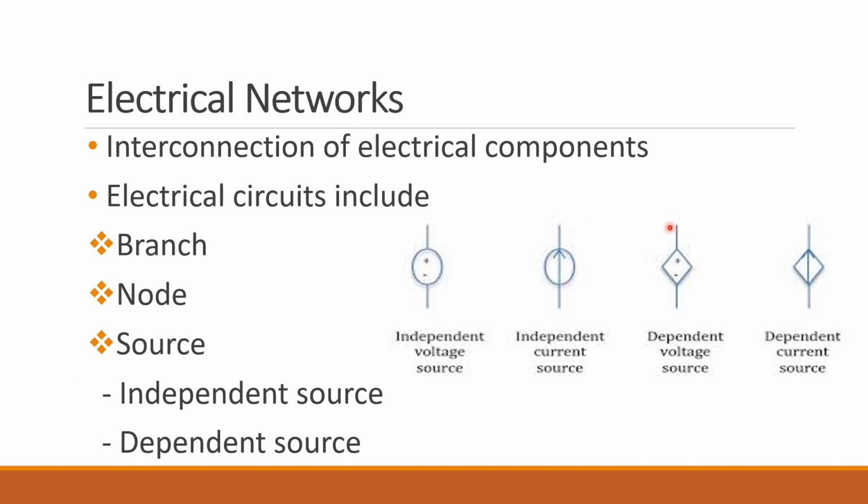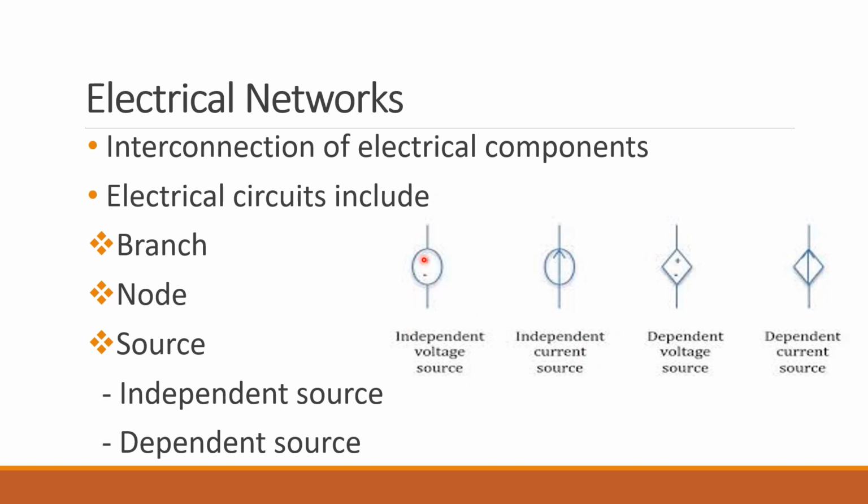As you can see, dependent voltage and current sources are represented by a diamond-shaped symbol, whereas independent current and voltage sources are round.